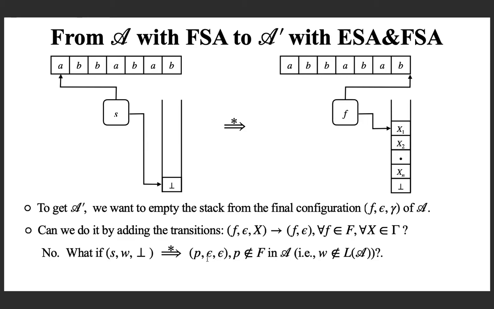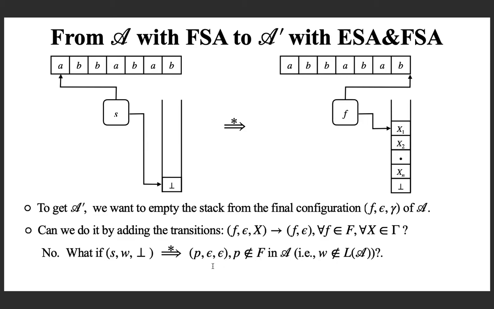What is it? The state is P, which is not a final state. The input is completely processed, and the stack is also empty. Final state acceptance takes this string as not accepted because you finished reading in a non-final state, and hence this string is rejected.